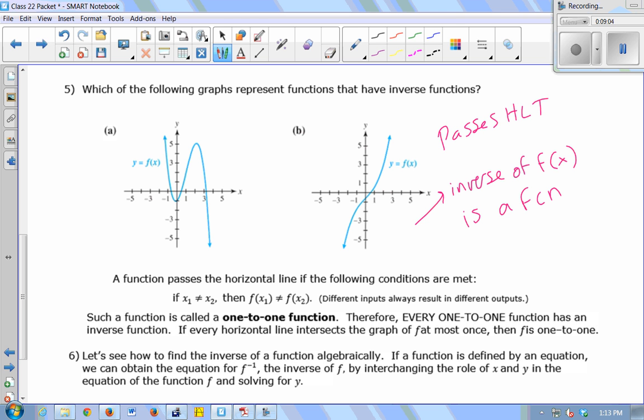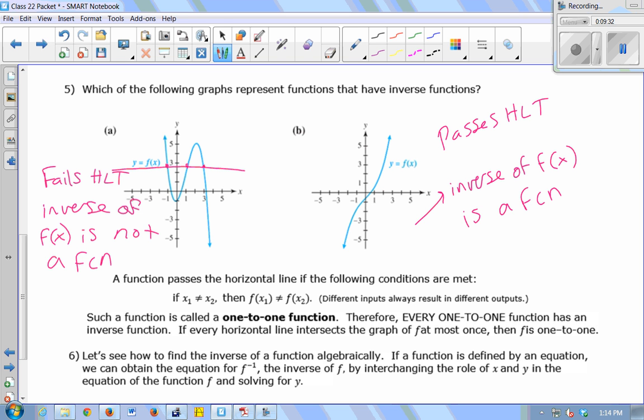Okay, but A does not pass HLT, right? You can draw a horizontal line and it will intersect in several places. So this one fails HLT, which means the inverse of the function is not a function. It has an inverse that is not a function itself.